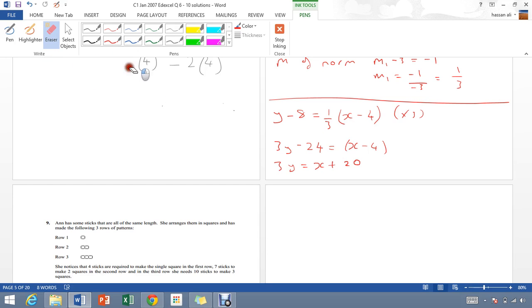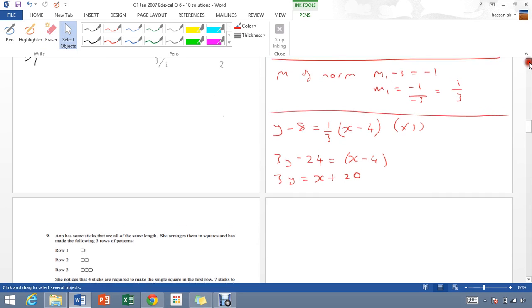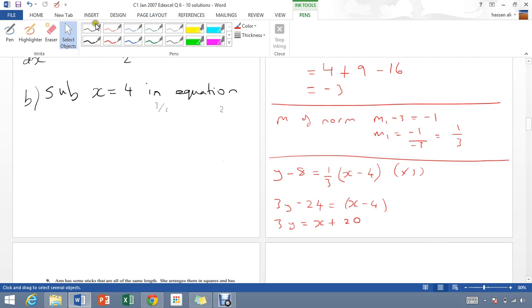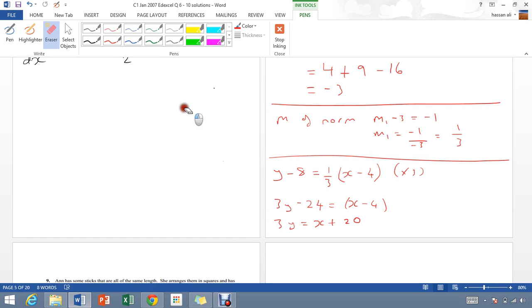I'll give you a clue for this one: you will have to use Pythagoras. Bear in mind that as you go further on in these exams, the questions do get longer and the marks do increase.